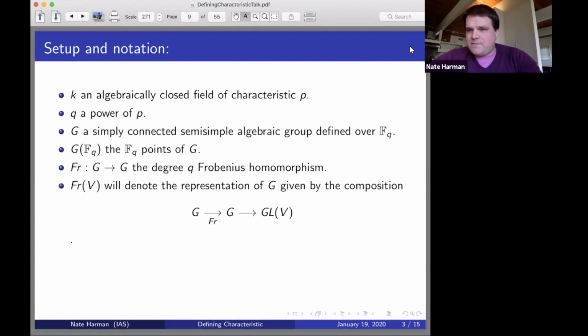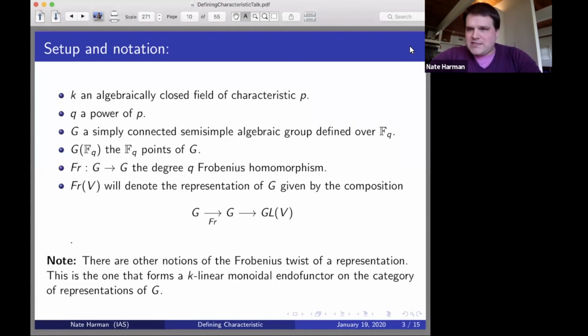All right, and then I'm, in sort of abusive notation, also just going to use this FR to denote the Frobenius pullback of a representation. So I pre-compose my representation with this Frobenius twist, and this composition gives me another representation of G. This operation is a functor, and the reason why I want this notion of Frobenius twist, I want to be clear about it, is this is the one that is k-linear and monoidal.